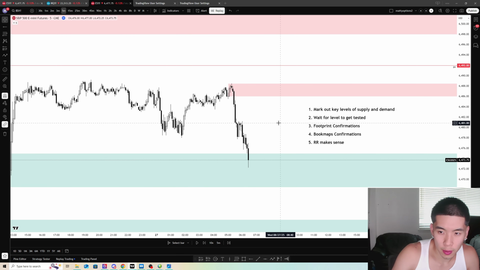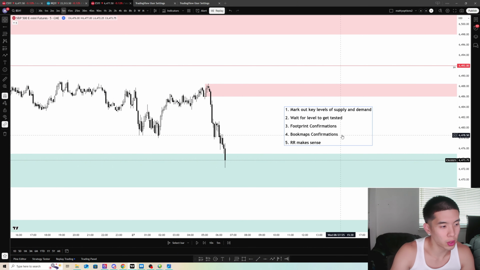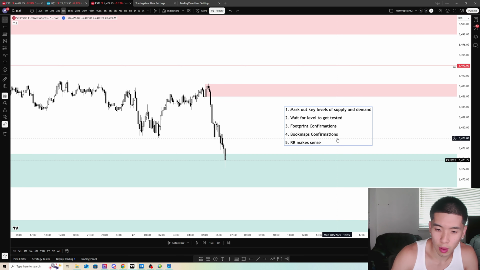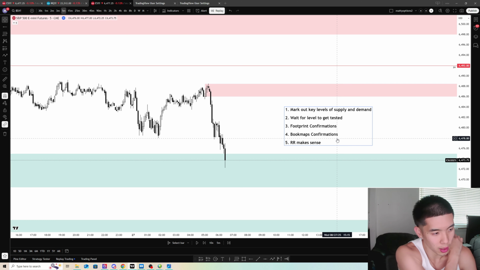Now, the fourth step that I would do is watch Bookmap for any confirmations or clues that it gives me as well. So basically, while I'm looking at the footprint chart, I'm also looking at Bookmap at the same exact time to see if sellers are getting trapped or absorbed at a level of demand and the buyers are starting to step in.